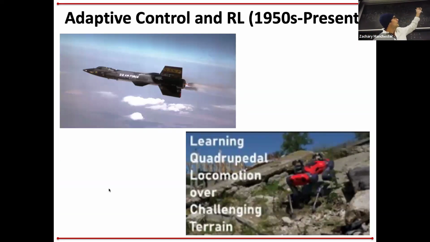Okay, other cool things. Adaptive control and RL stuff. It's actually pretty wild how far back this stuff goes. Does anyone know what that top left thing is? X15. So the control system on the X15 was linear, a linear policy, but they were doing online gradient descent, what we now call online learning, on the policy parameters.